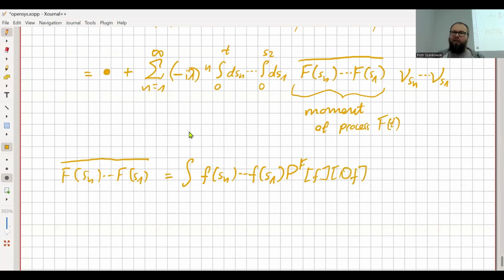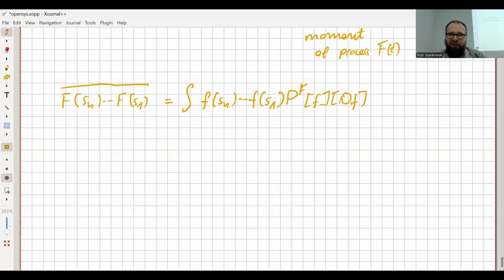That would be the formal definition, but as we discussed in the previous lecture, you can also write it as a multi-time average with a multi-time probability distribution.